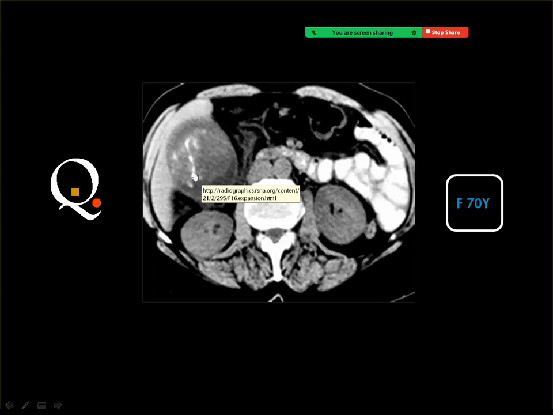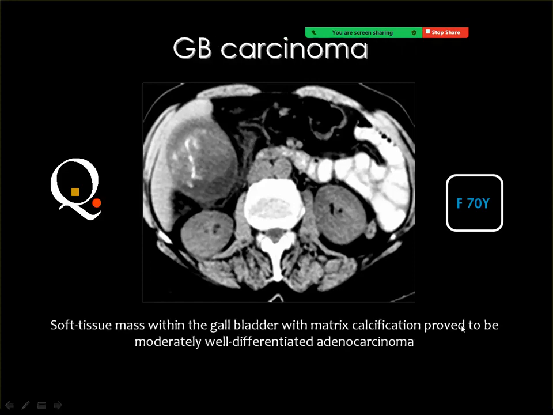This is, of course, not a calculus, because it's not dependent in the gallbladder, and it's not the size of an ordinary calculus seen in the gallbladder. So the answer is gallbladder carcinoma.